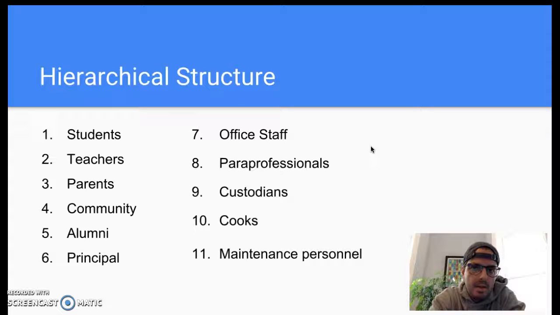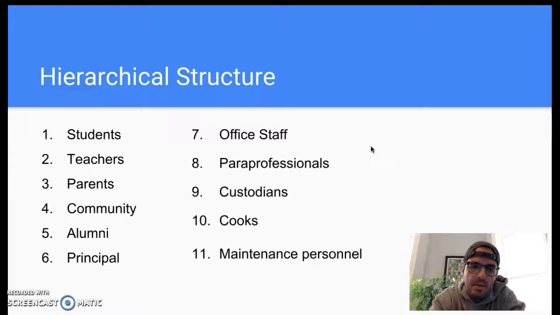Like in the introduction, I think you have to look at the student first. The student is the most important part of the school building. The results that come from the students are the most important, and everything kind of falls into place from there. I think that's pretty self-explanatory.